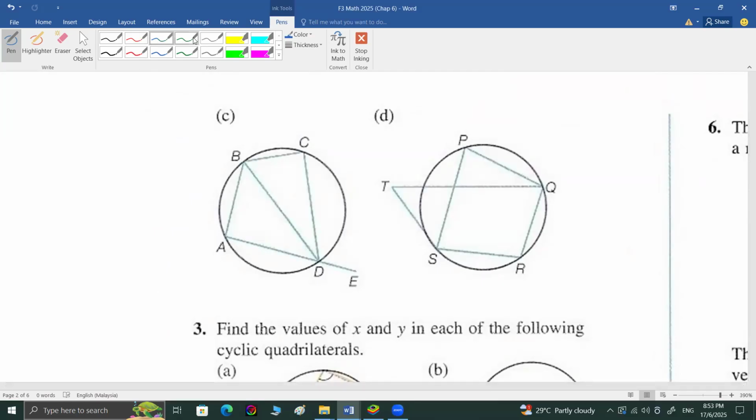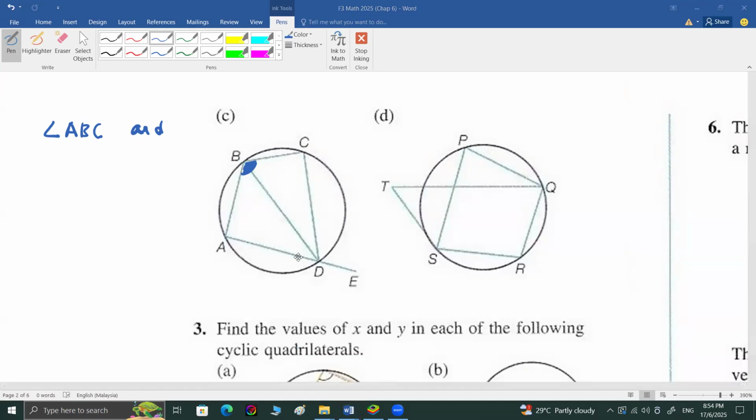Okay, what I meant is, look at this. Let's say you state angle ABC, right? The question purposely puts two triangles, so you get the cyclic. You ignore this line.